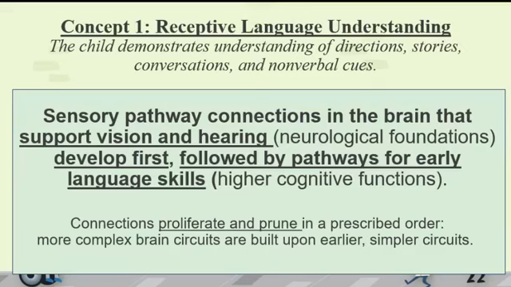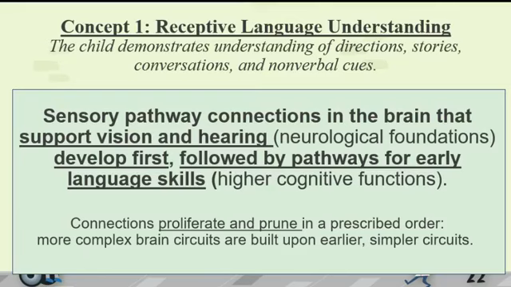So, an interesting thing about receptive language is that it happens in a process where these pathways in the brain, these connections, are being laid out like a roadmap, basically. And as they develop, they follow a very specific path, where first they are going to be developing to support vision and hearing.